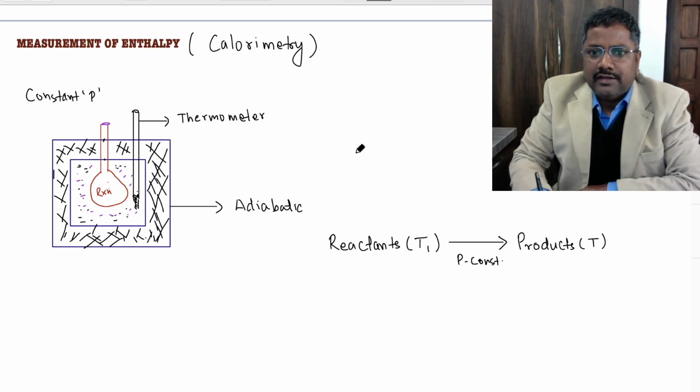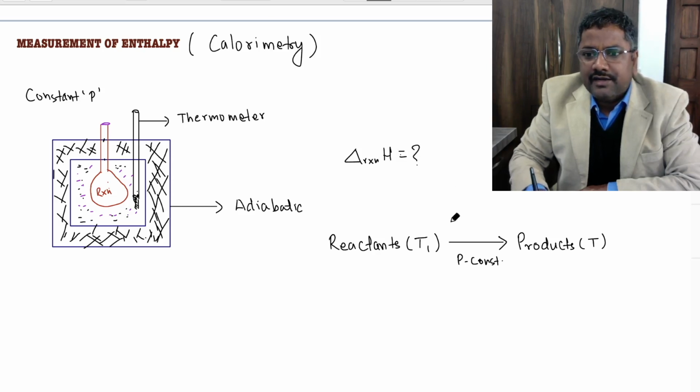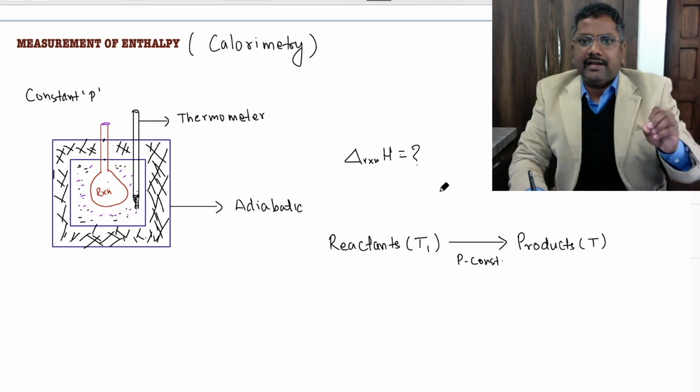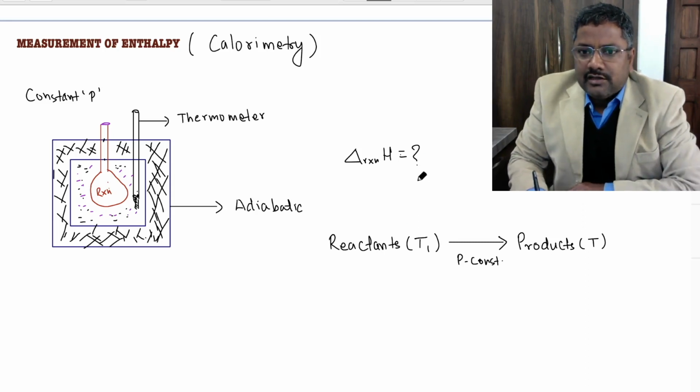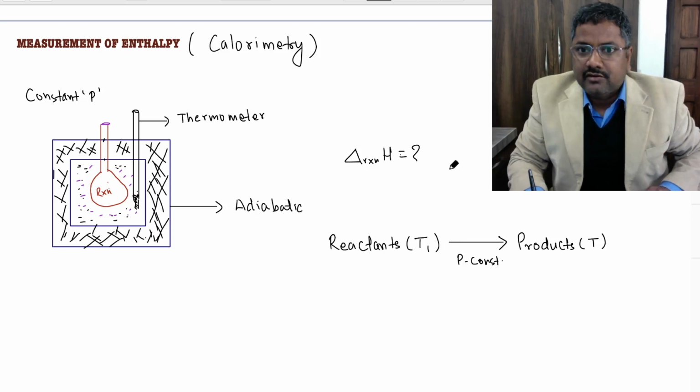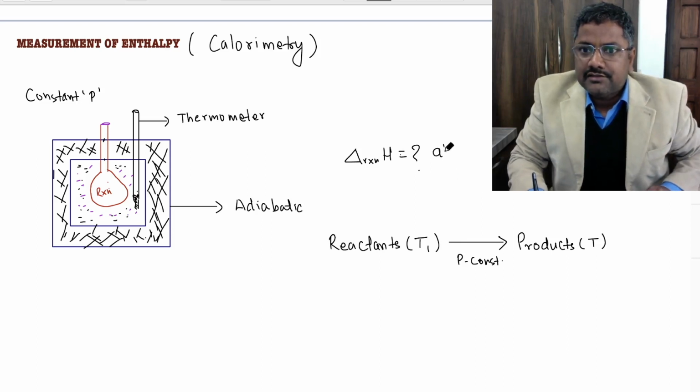Our purpose here is to measure the delta H of reaction, right? And you have to define at which temperature you want to measure this delta H. So delta H of reaction we want to measure at temperature T1.